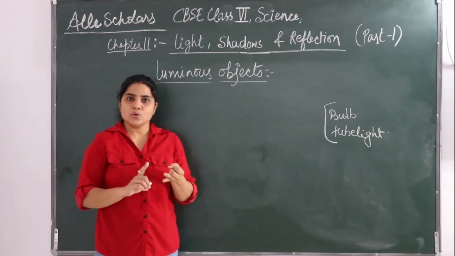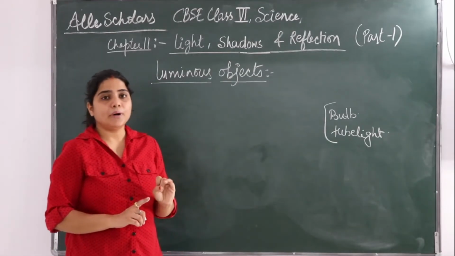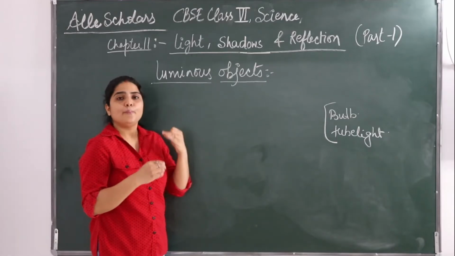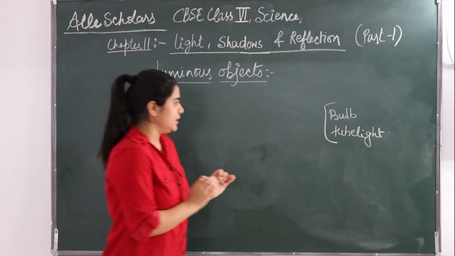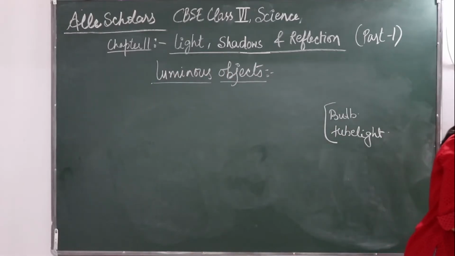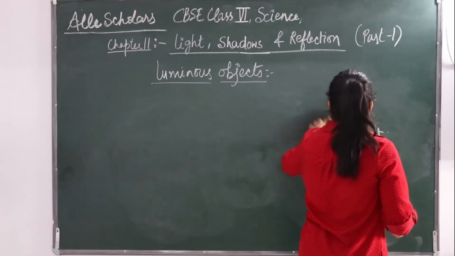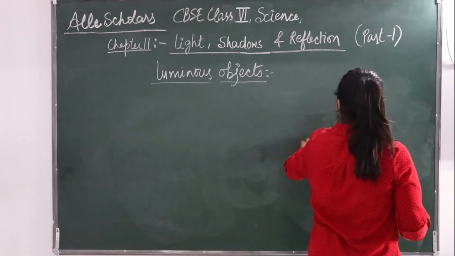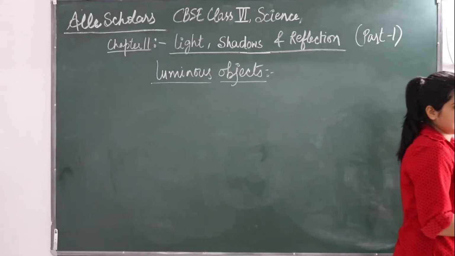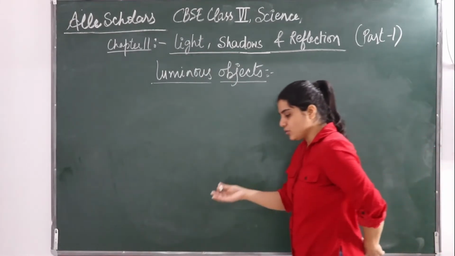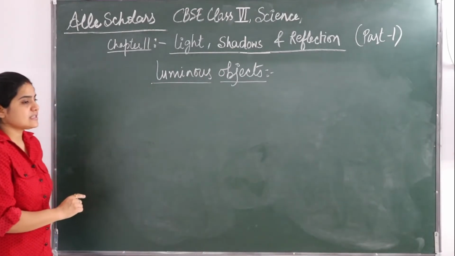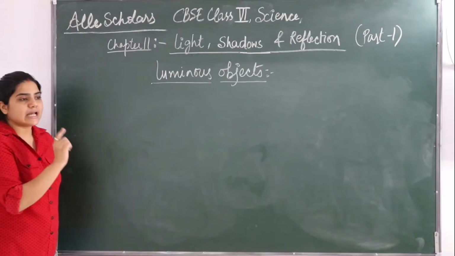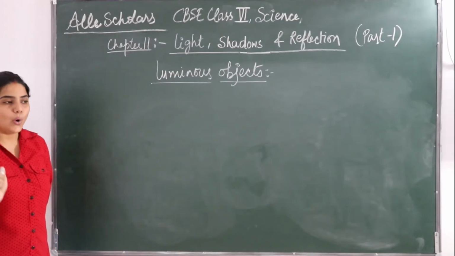The bulb also has its own light, but it's a man-made source, a man-made object. Man has made the bulb. Scientists have discovered the bulb. So luminous objects can be any object, man-made or natural, but the feature is that it produces light on its own.